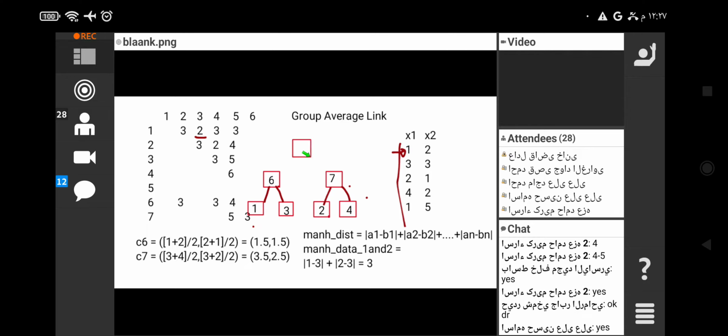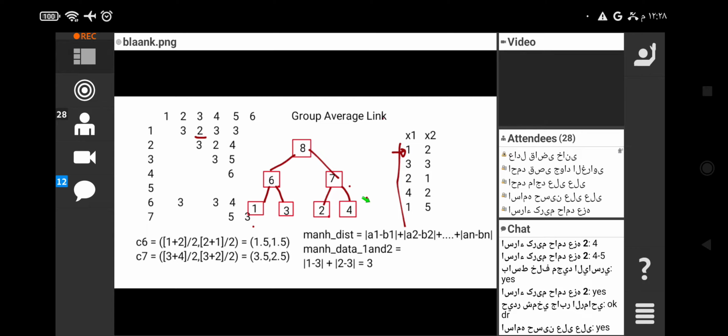So we put a new cluster here, cluster 8. Cluster 8 is like this. Okay, this is cluster 8.